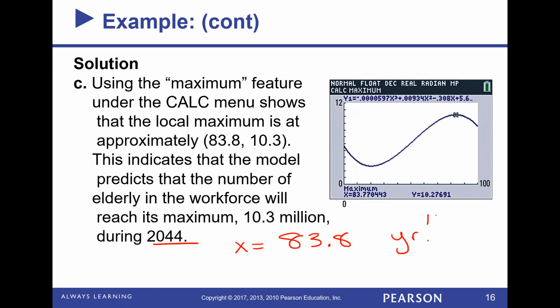So you have 1960 plus 83.8, which gives 2043.8, so you're 0.8 into the next year, which actually makes it 2044. If there's any decimal here, take that number and round it up to 84 before you add it to 1960. And that's why I know it's 2044.